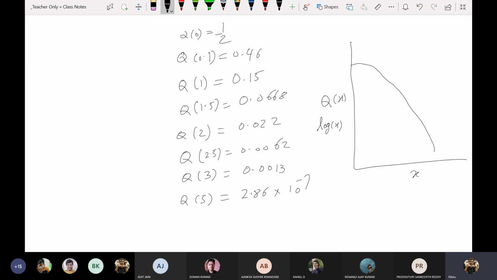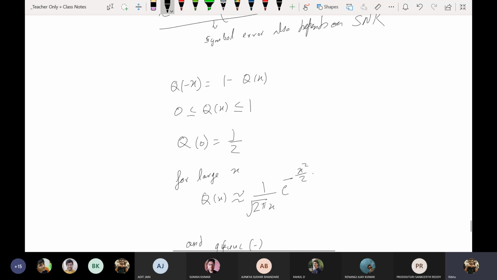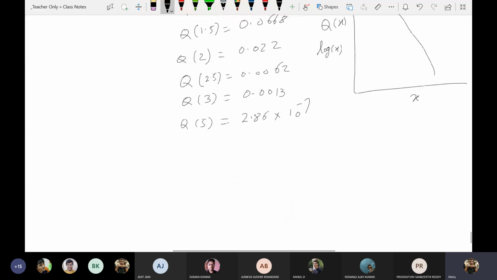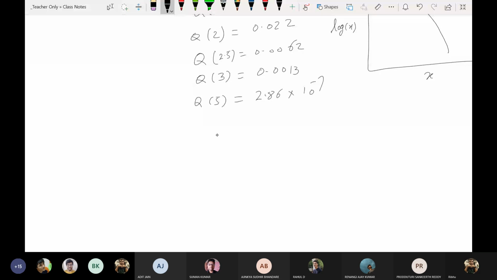So this is how the probability of symbol error varies with the signal to noise ratio, and you know that this is the square root of signal to noise ratio. So you can say that probability of error is Q of A divided by.